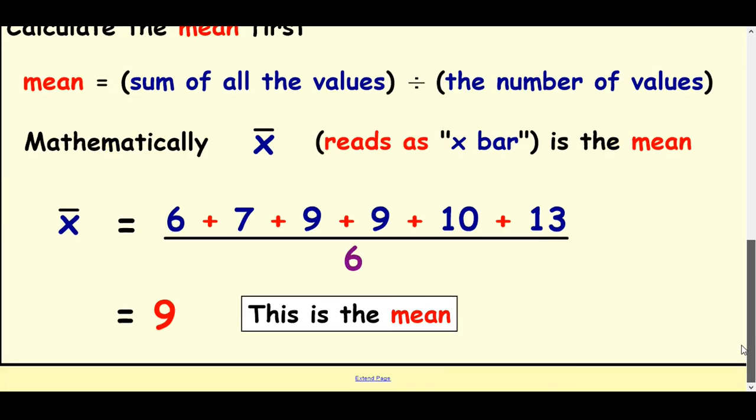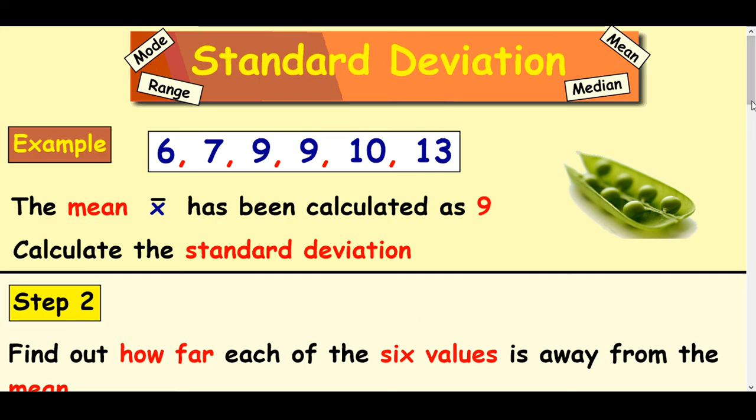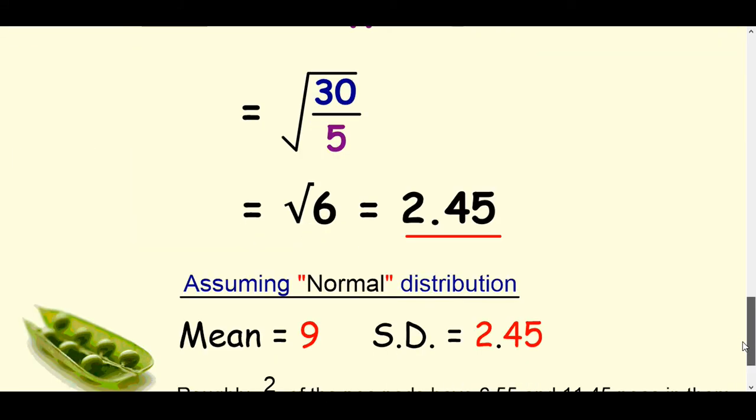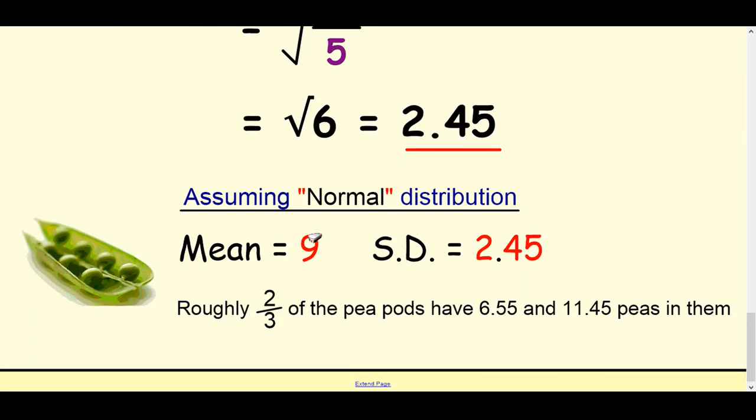So 2/3 go a bit lower than the mean and a bit higher than the mean. So 2/3 of the pea pods have between 6.55 and 11.45 peas in them. That's 9 take away 2.45 and 9 add 2.45. So it's a good estimation, isn't it?